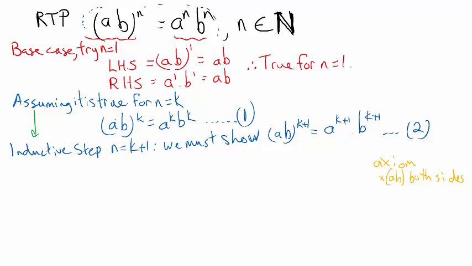So if we multiply using statement 1 above, if we multiply both sides by AB, we'll have AB to the k times AB. We will have on the right hand side A to the k, B to the k times AB.